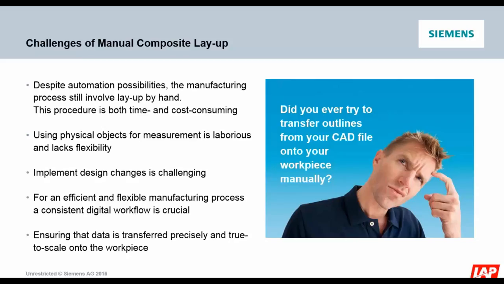Another critical point is to make sure that the ply the person is laying down is the appropriate ply and that it is laid up in the correct position and order. The second important issue is validating fiber orientation, which is essential for product quality.